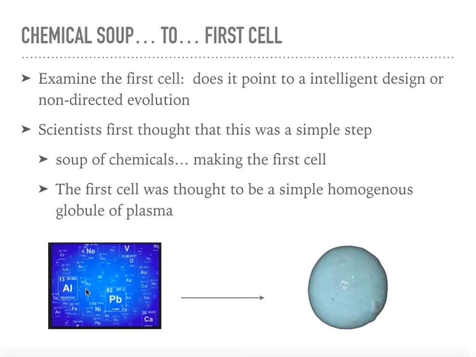Basically, they thought this chemical soup of elements just kind of was in the atmosphere, in the planet, and this coalition of elements came together eventually through just simple chance, and it made the first cell. And the first cell was thought to be just a simple homogeneous globule of plasma.